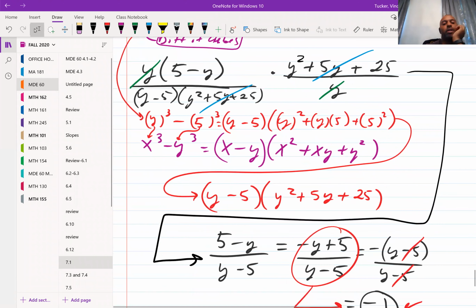All right, so what we're left with is 5 minus y over y minus 5.